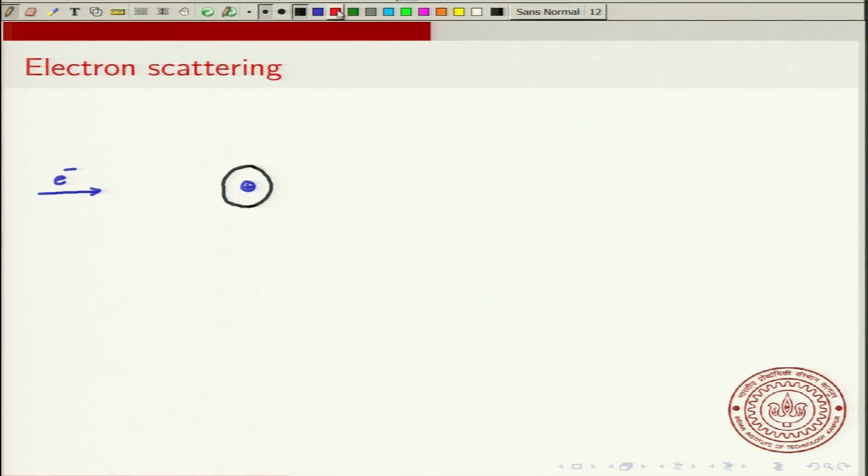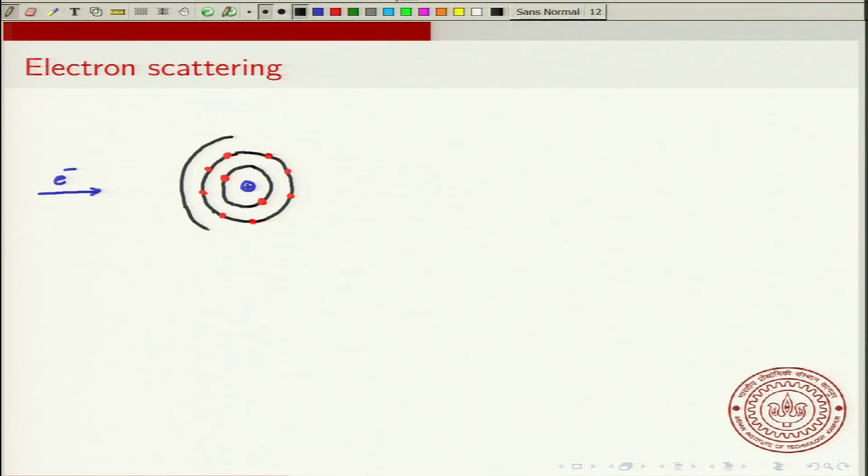This is the core shell, and I will show the electrons in red in each shell. Then the next shell, and again some electrons. And so on. You can show more shells.